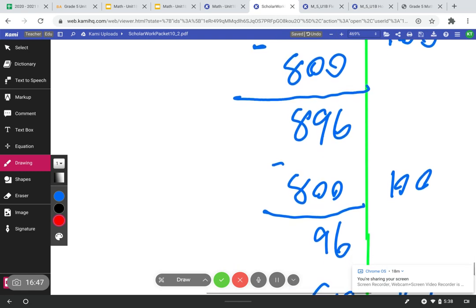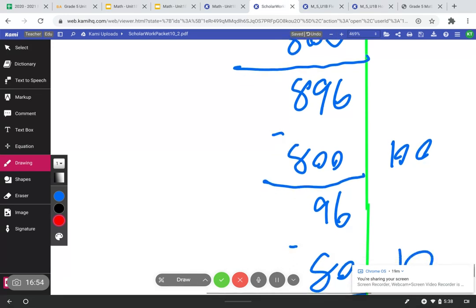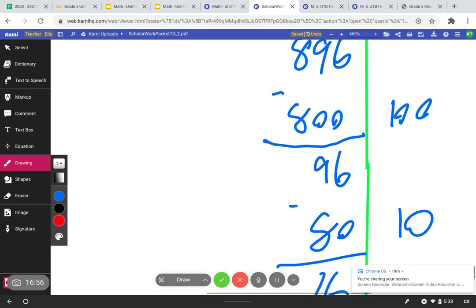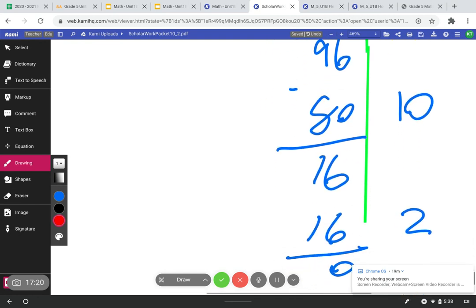Our friendly numbers. Let's do 100. So if I take 100 groups and each group has 8, that's going to be 100 times 8. I'm going to be left with 96, and I'm focusing on 96. How many times can I take 8 from 96? 10 groups, and each group has 8, would be 8 times 10, 80. 80 from 96 would be 16.